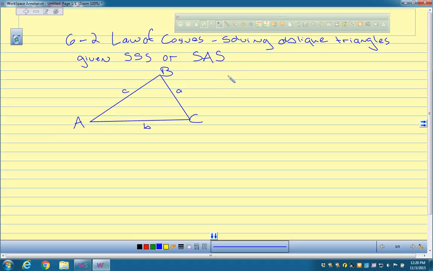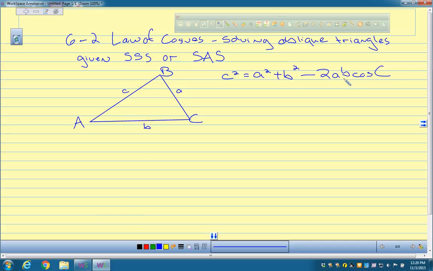It's kind of like c squared equals a squared plus b squared. What's that? That's the Pythagorean theorem. However, with the law of cosines, you have this part, minus 2ab cosine C.